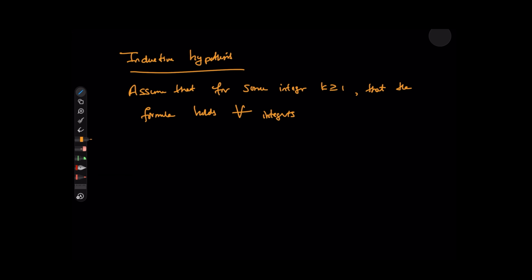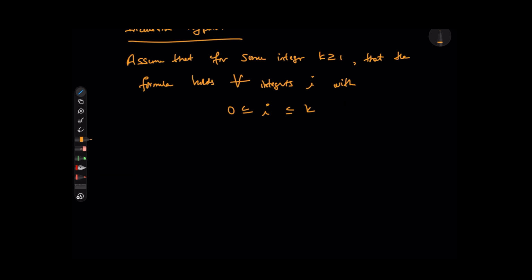So I'm just going to use i, right? So integers i. You could use anything that you want, j, l, doesn't matter, right? So i is greater than or equal to 0, but less than or equal to k. So what are we assuming here?